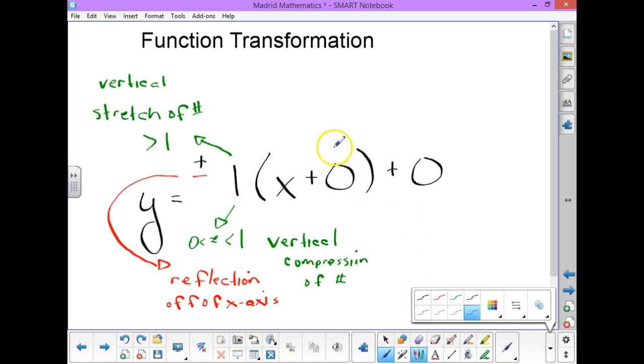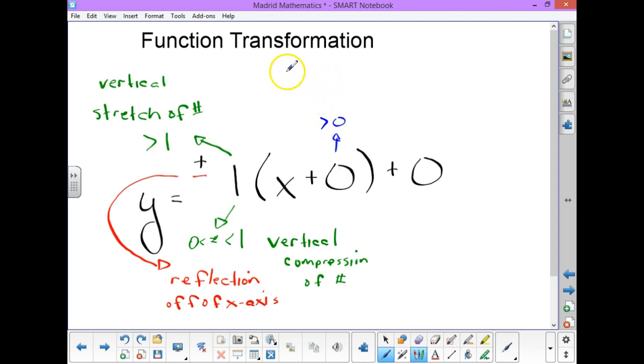Next, we're going to look at this part. If you have plus any number bigger than 0, you're going to claim that it is a horizontal shift of whatever number's here. So if it's plus 2, you say plus 2.